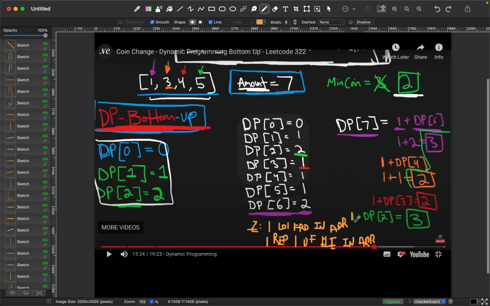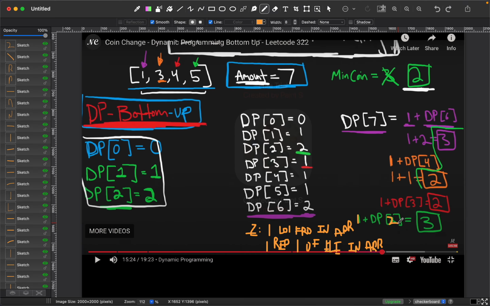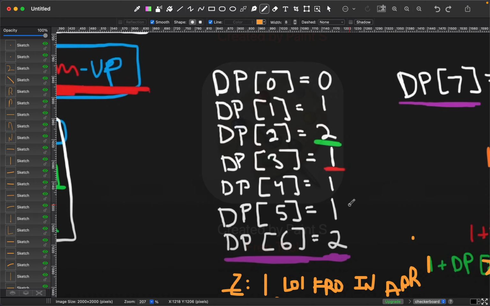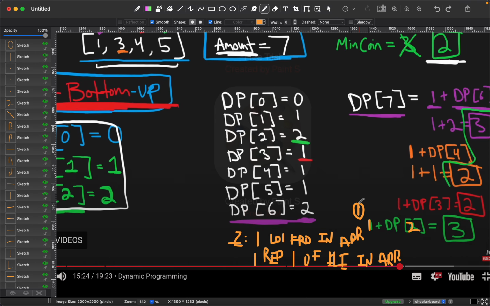So obviously, what plus 5 equals 7? You need a 2, right? So 2. And then this represents how many coins? Straight up, this takes up 1 coin, and we check this guy requires how many coins? This requires 2 coins.